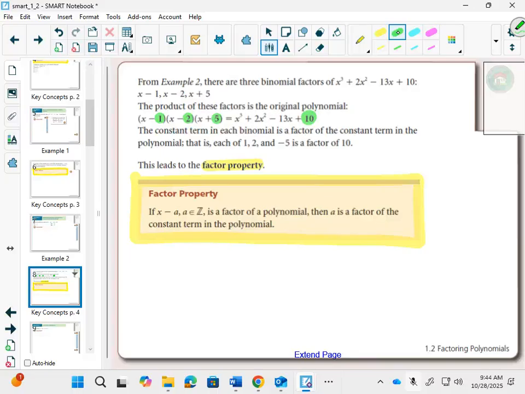Because our last numbers are going to have to multiply to give us 10. So options here are 1, 2, and 5. But you won't know if it's an x plus 1 or an x minus 1. An x plus 2 or an x minus 2. So we'll have to do a little bit of work leading into that. And that's going to lead us to our last example for today.